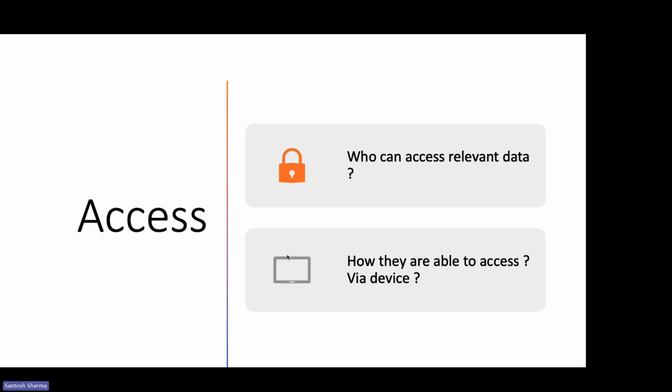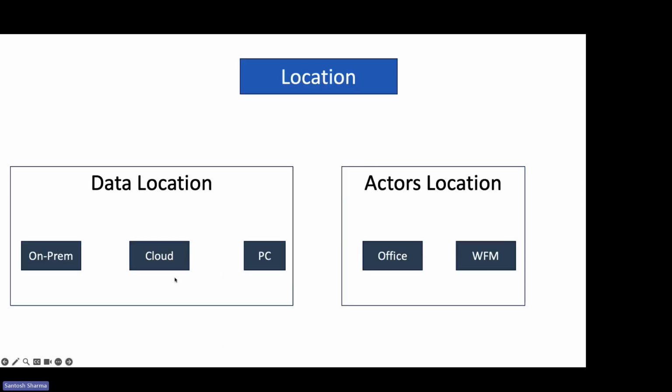Access is like who can access the data. Whether this data is on-prem or in the cloud doesn't matter; when it is going to migrate to the cloud, there would be somebody who needs to have access to do this migration. So who are the possible actors? We use this term: who are the allowed actors who can access our data?